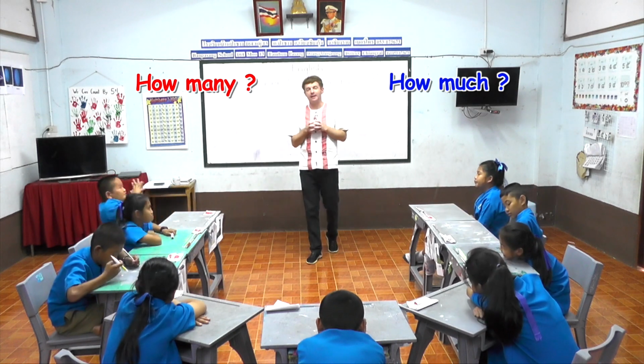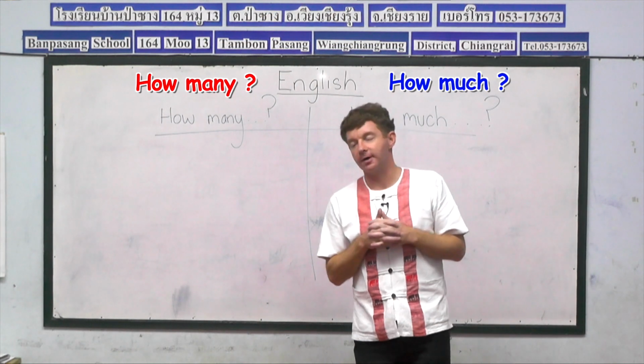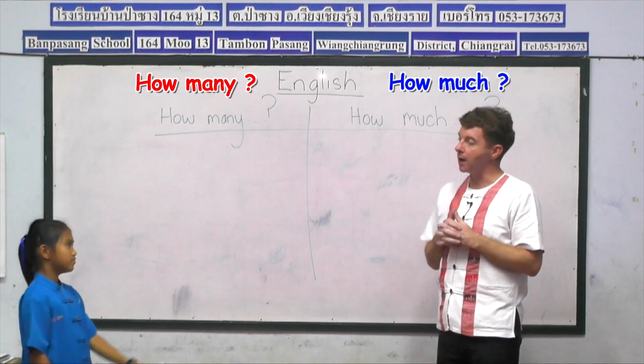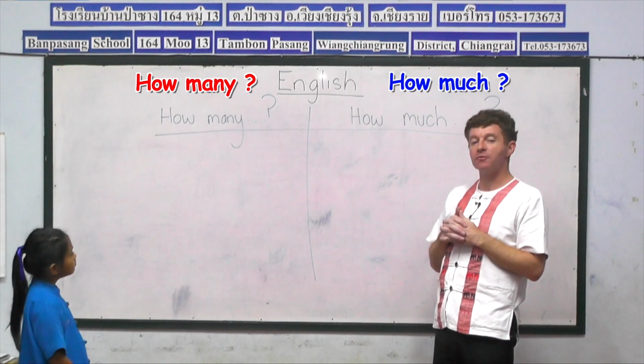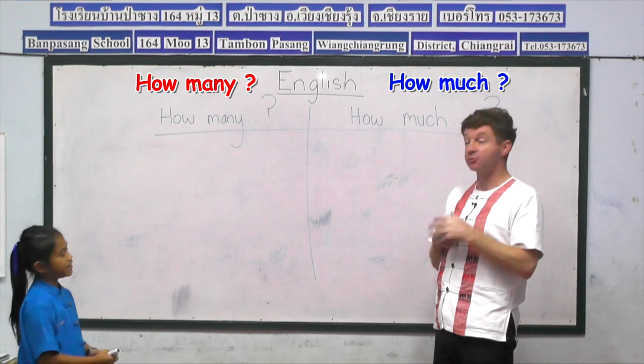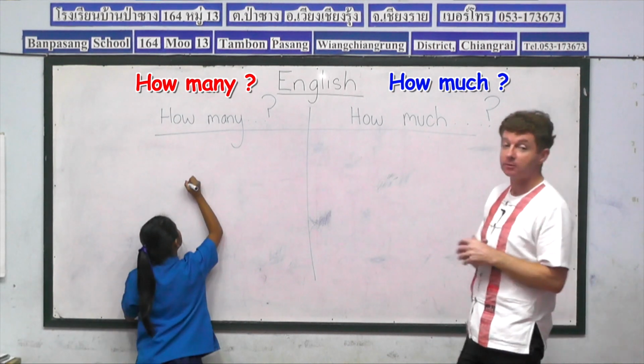Okay, so now the pen is with Pak Bung. So, Pak Bung, if I ask you about apples, is apples countable? Apples will be how many? So let's tell Pak Bung to spell the word apples.